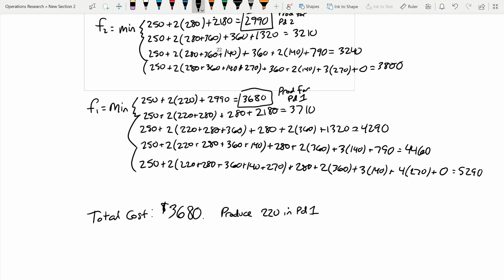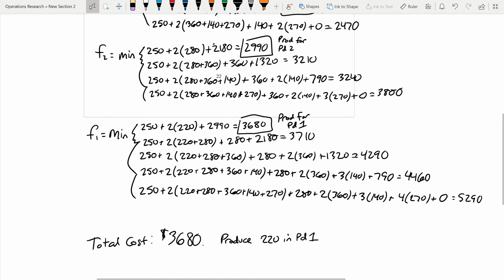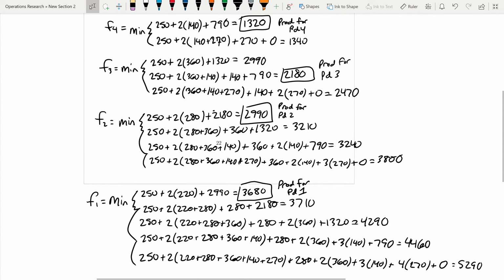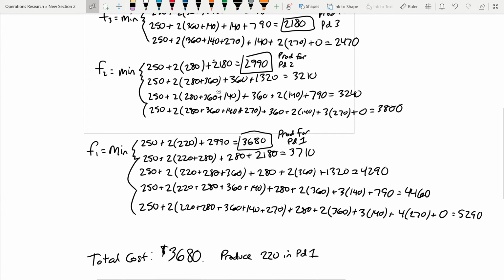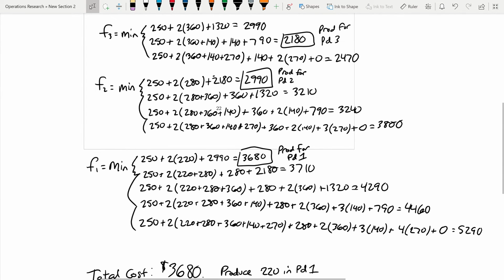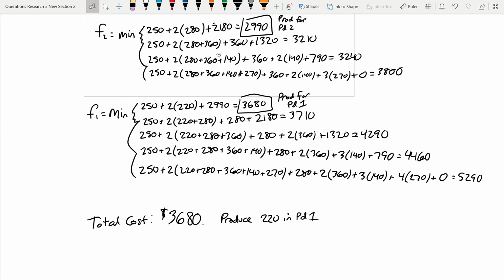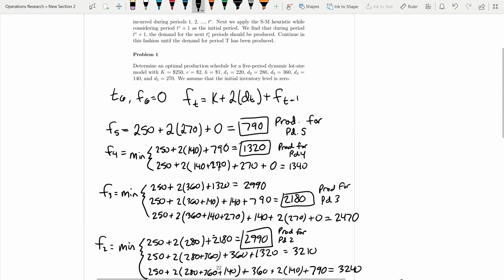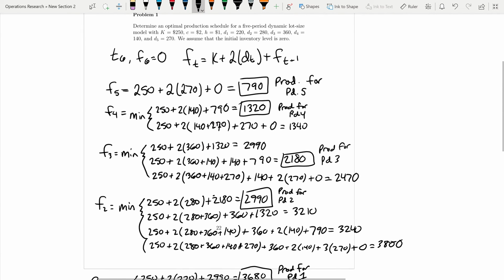Then, if we're just producing for period 1, we're going to go up here, and just producing for period 2, we're going to make 280 units in period 2. Then up to period 3, we need to make 500 because we're going to do production for 3 and 4.